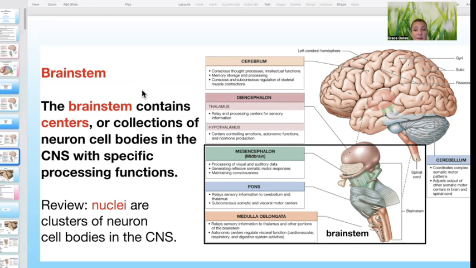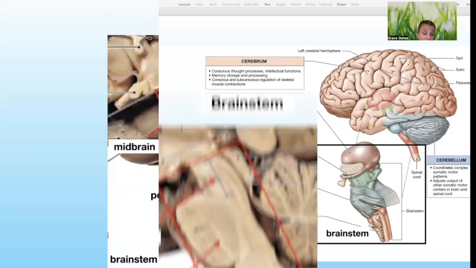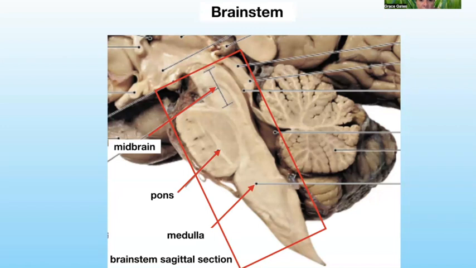The cell bodies might even be in different parts of the brain, although more often we're just thinking of them close together. So the brainstem has these collections of neuron cell bodies with specific processing functions. And there's a picture of a real specimen of a brainstem showing you the midbrain, the pons, and the medulla.